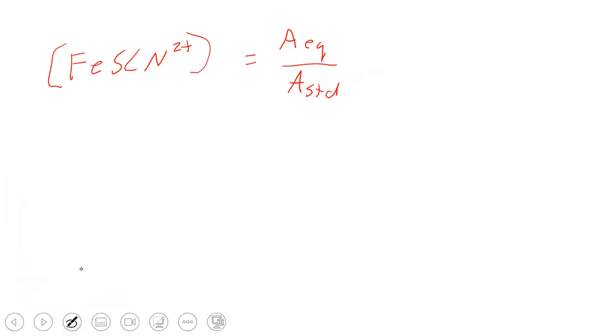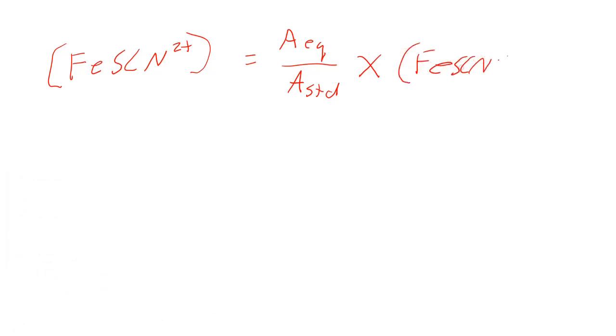The way that you're going to do that is you're going to take the absorbance at equilibrium, divide it by the absorbance of the standard solution, and then multiply that times the concentration of the standard solution.